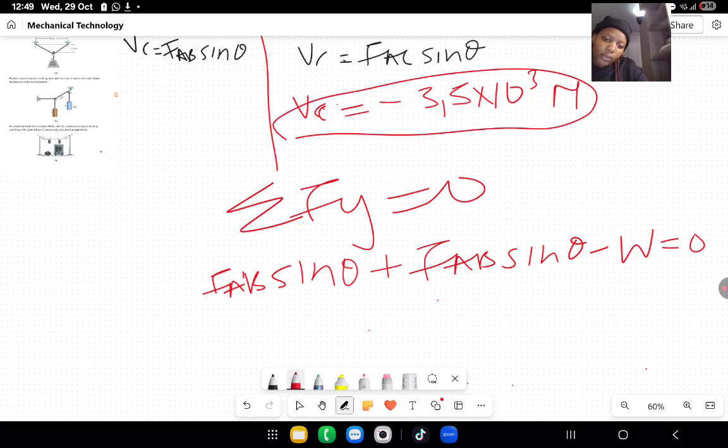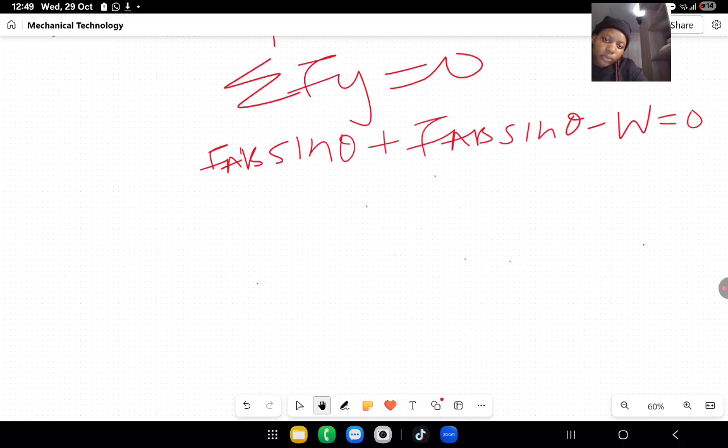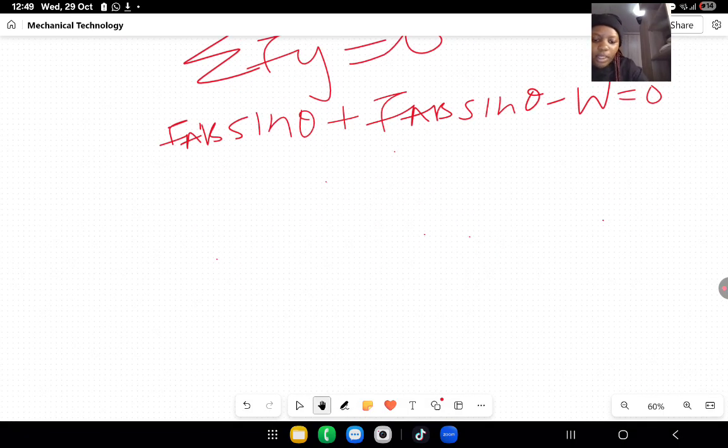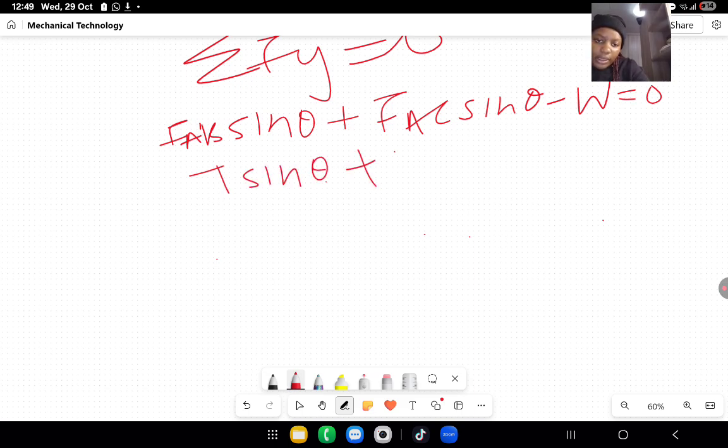Since FAB equals FAC equals the tension, it will be T sine theta plus T sine theta, all of these equal to W.